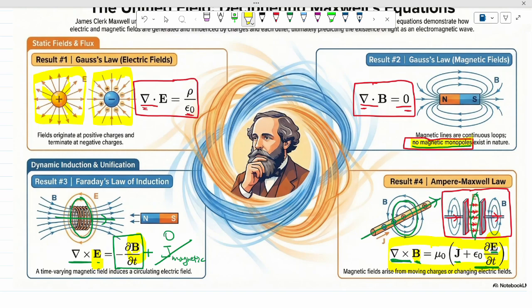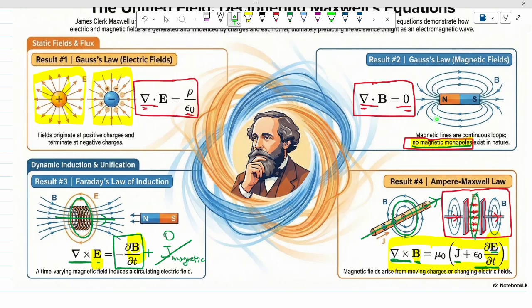Oh, and I said I would point out some patterns here. The pattern is this. All these equations are written in a way where what's on the right hand side is the source. It's the cause of what's on the left hand side. So the electric field, it's being produced by electric charge. The magnetic field, the kind that looks like these electric fields, would have been produced by magnetic charges, magnetic monopoles, but they don't exist.